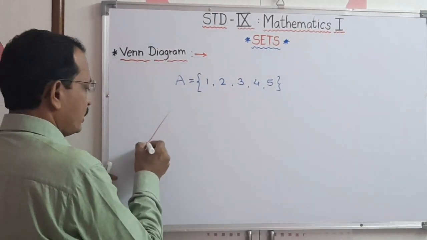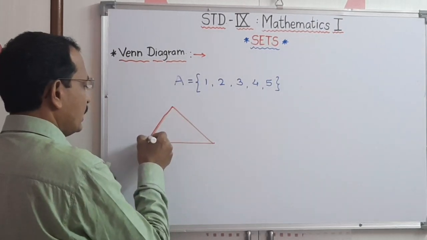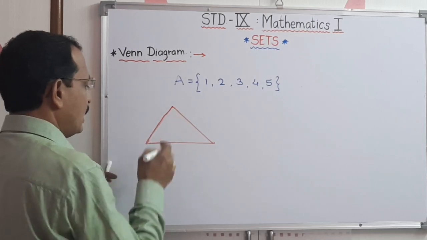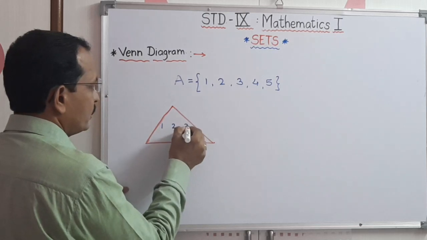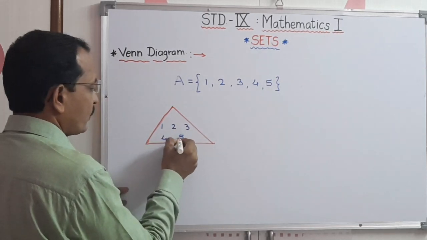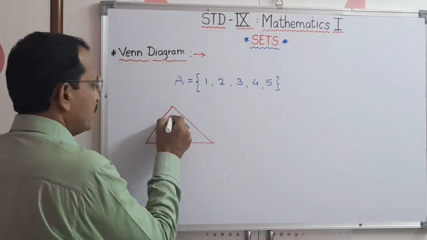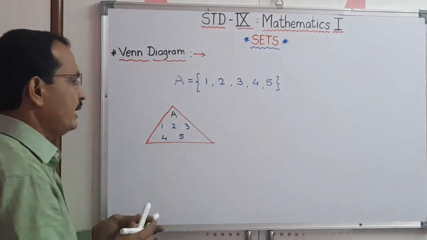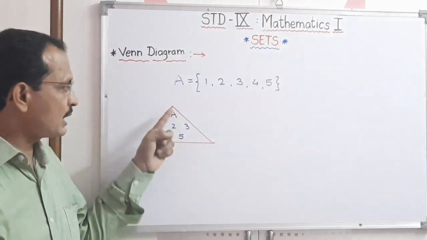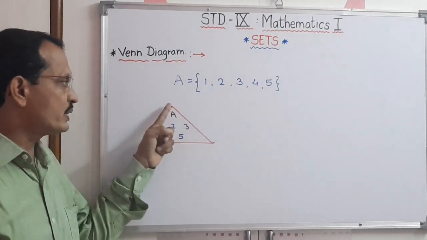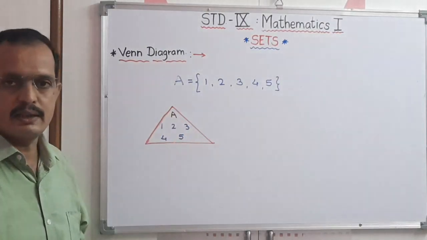Suppose I draw one triangle, which is a closed figure, and in that closed figure I write the elements 1, 2, 3, 4, 5, and here I write the name of the set, A. That means set A consists of 5 elements. All those 5 elements I represent in a closed figure, a triangle. Then this is a Venn diagram for set A.